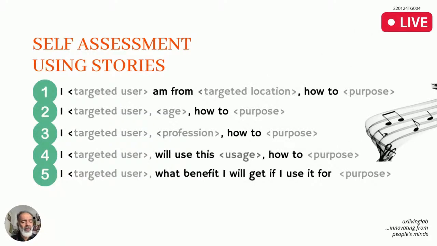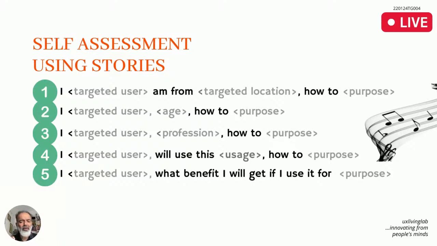So what are the story themes? It's based on location, age, profession, usage, and benefit. So you can create a lot of other story themes also. These are the five main aspects you have to consider while telling the story or while analyzing.